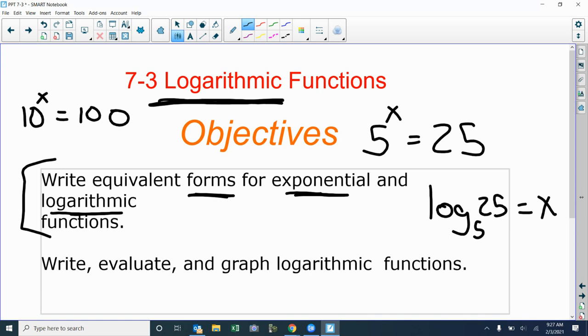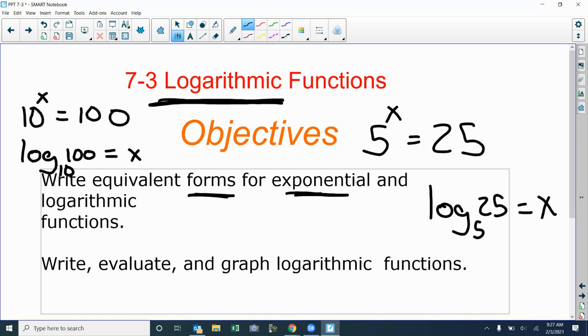You can do that one mentally, can't you? 10 to the second. You can put this in logarithmic form, which we'll practice. That'd be log base 10 of 100 equals x.